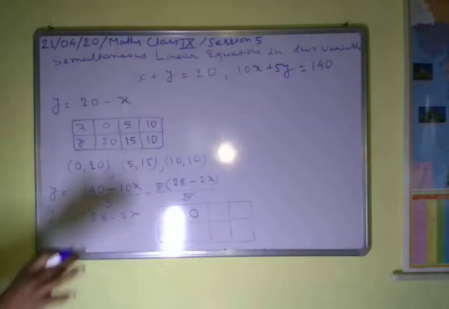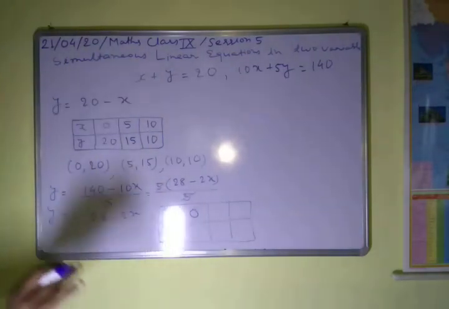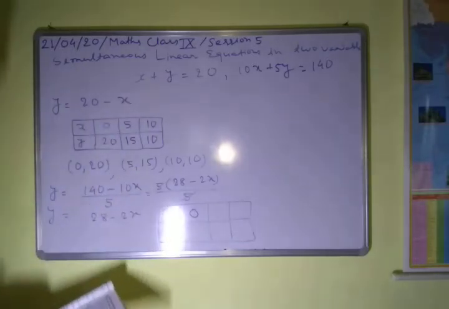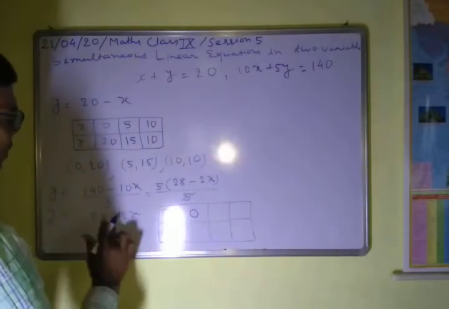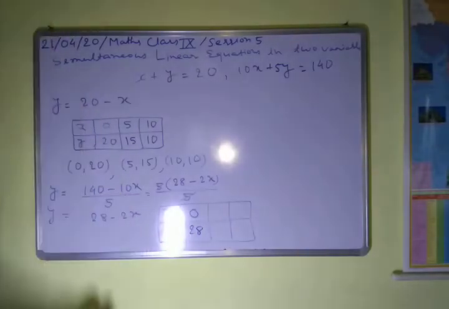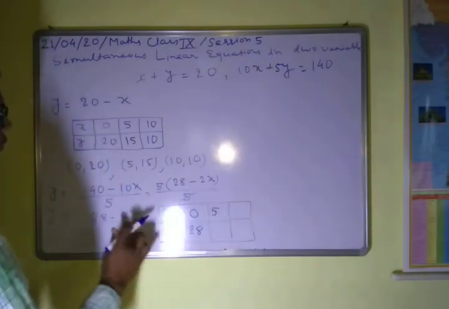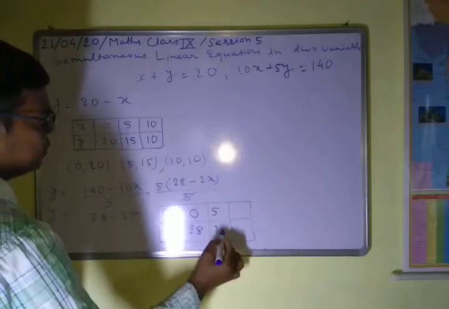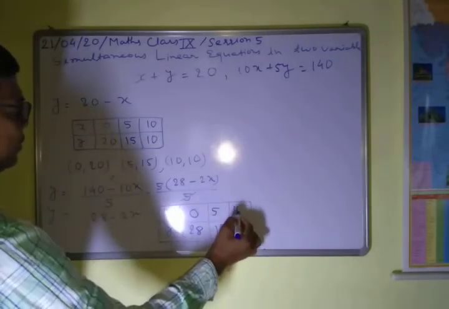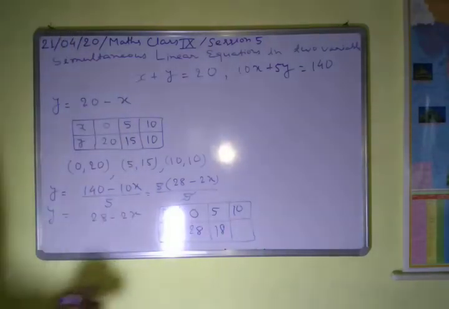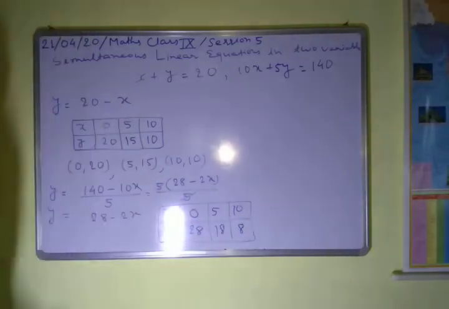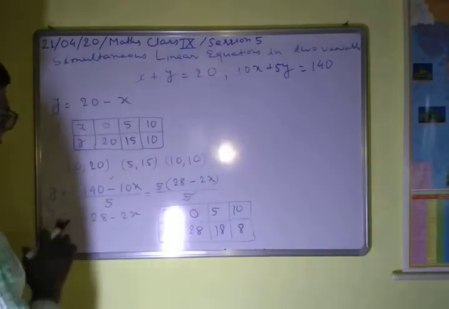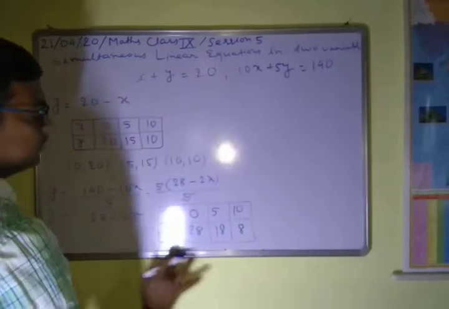You have to draw this graph on a big graph paper, or choose a scale so that you can fit this big number in the graph. So for x equal to 0, y equal to 28, and for x equal to 5, 28 minus 10 will be 18. You can also take x equal to 10, 28 minus 20 will be 8. So we have these 3 points for this equation, and for the first equation we have the earlier points.